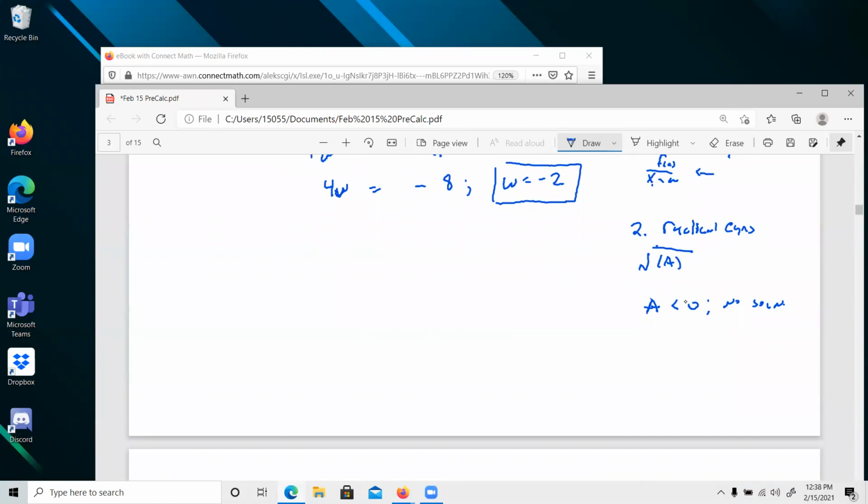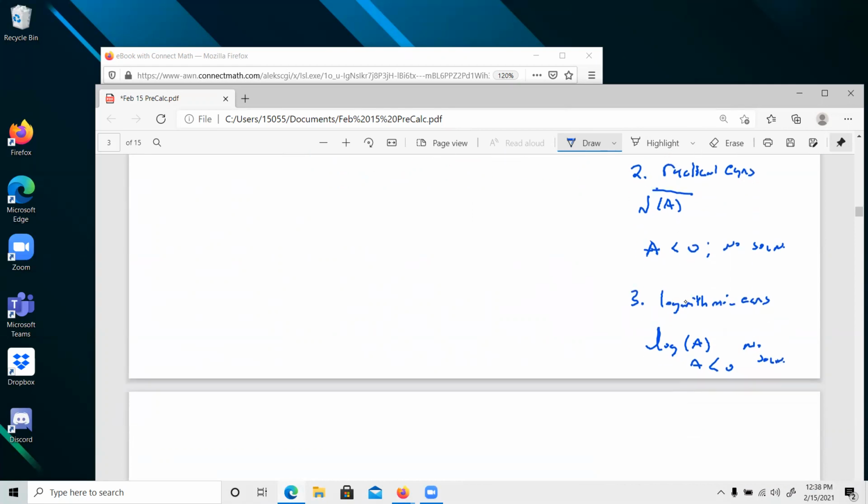You now have a third equation you have to check: logarithmic equations. If you get an answer and the argument happens to be less than 0, then you have no solution. So you have to check. You must check.